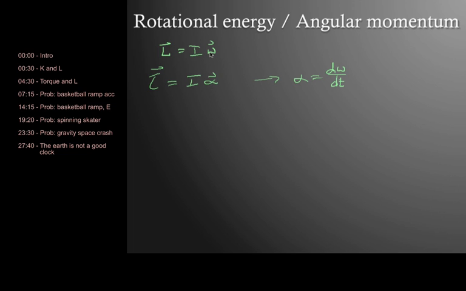If we plug this in, tau is equal to I d omega dt, which is d by dt of I omega.